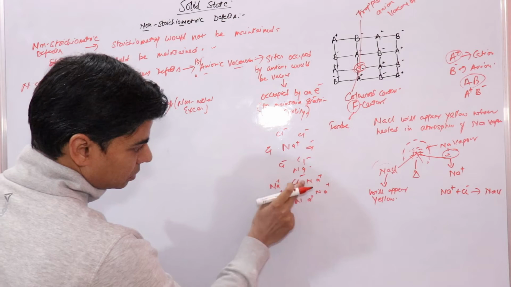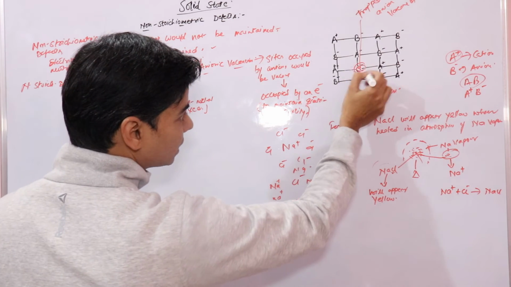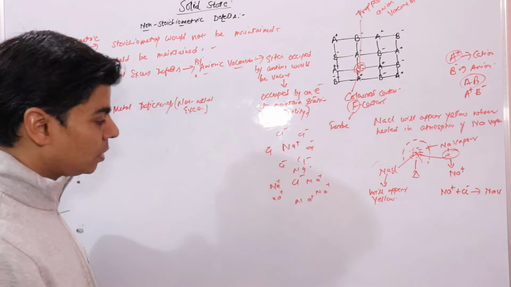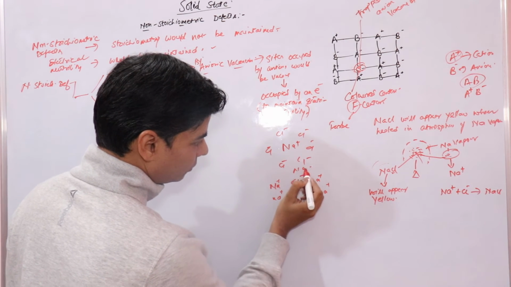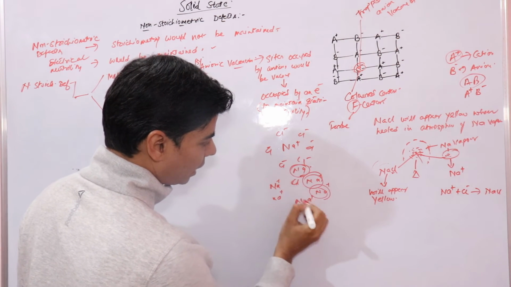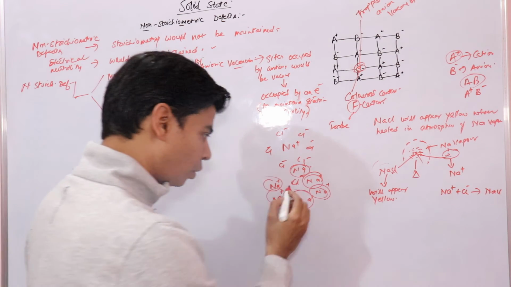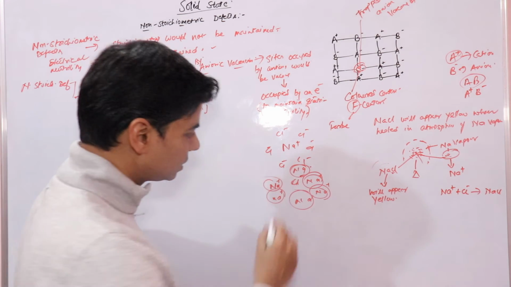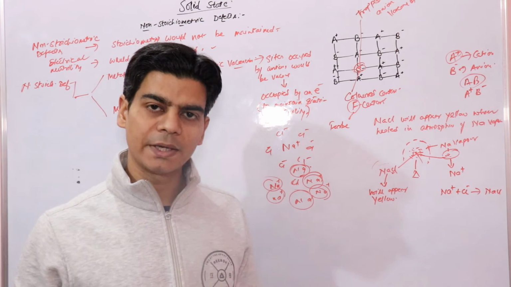So let's look at this F center. Now this electron would also be shared by these six sodium ions. They represent the coordination number of the chloride ion, because these 6 sodium ions are the immediate neighbors of this chloride ion.